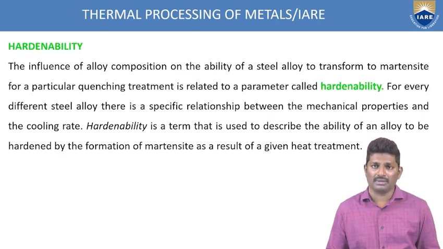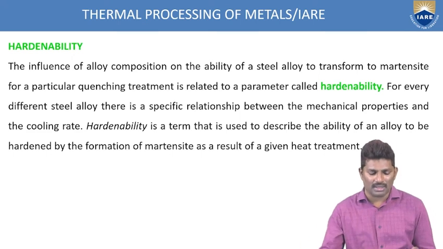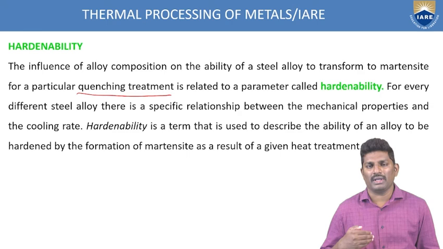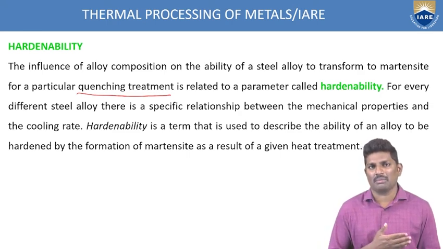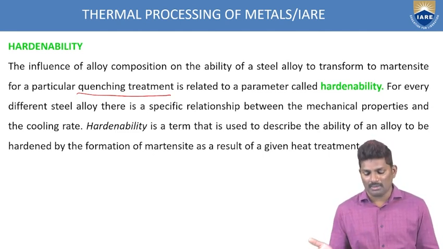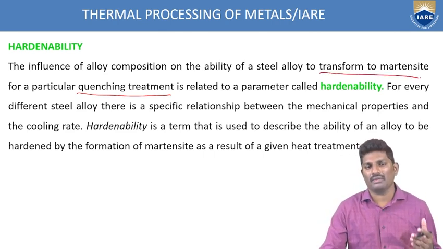So hardenability: if you want to increase the hardenability of the material, if you want to enhance the hardness of the material, you have to do the quenching treatment process. It transforms the pearlite and ferrite again, converting them into austenite. This process of conversion of those steels, transformation to austenite, is related to hardness.